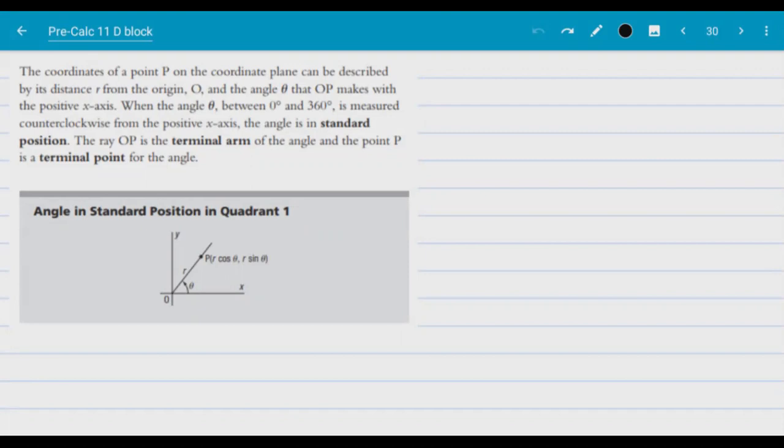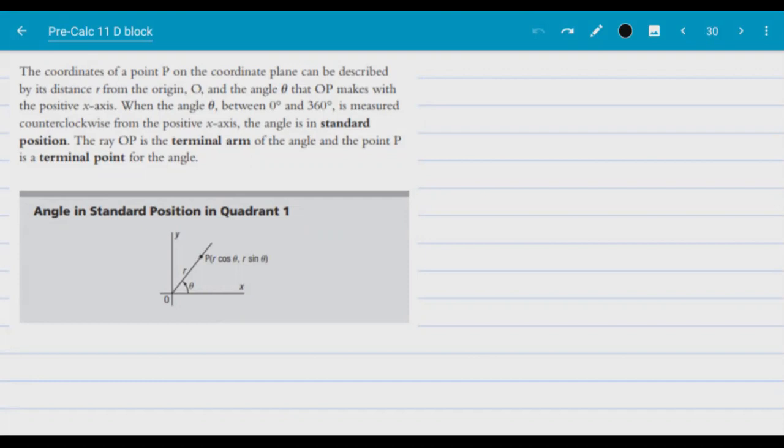In pre-calc 12, we are doing angles which are negative, but for now, let us just concentrate on what pre-calc 11 is doing, which is positive angles, going counterclockwise. When an angle is measured counterclockwise from the positive x-axis, the positive x-axis is this one, the horizontal one, then the angle is said to be in standard position, all right?